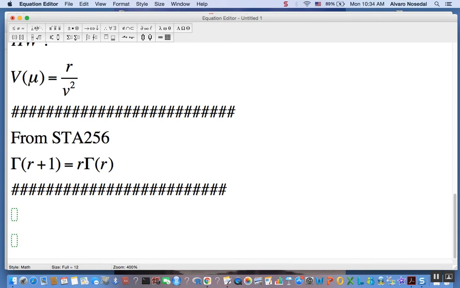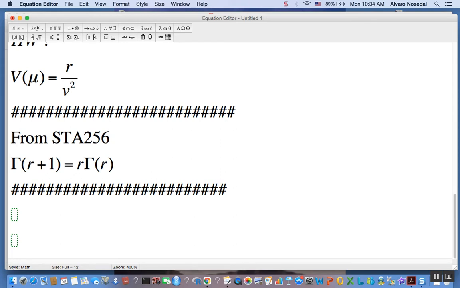So now that we have the expected value of our gamma random variable and the variance of our gamma random variable, we are ready to move on. We can talk about our strategy to find r and v, the parameters of our gamma prior.